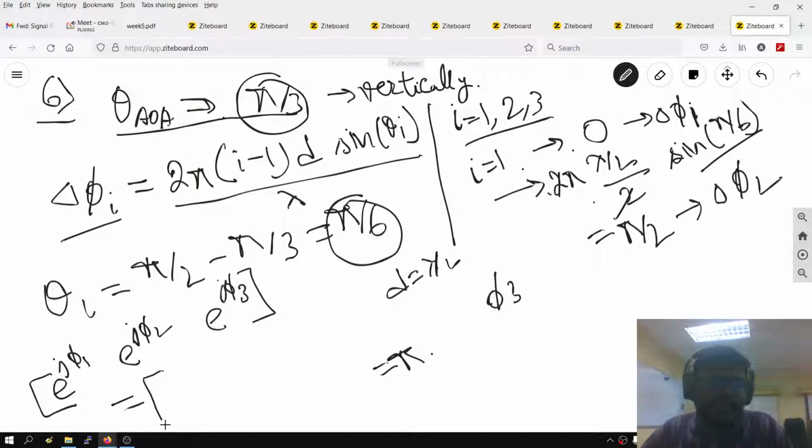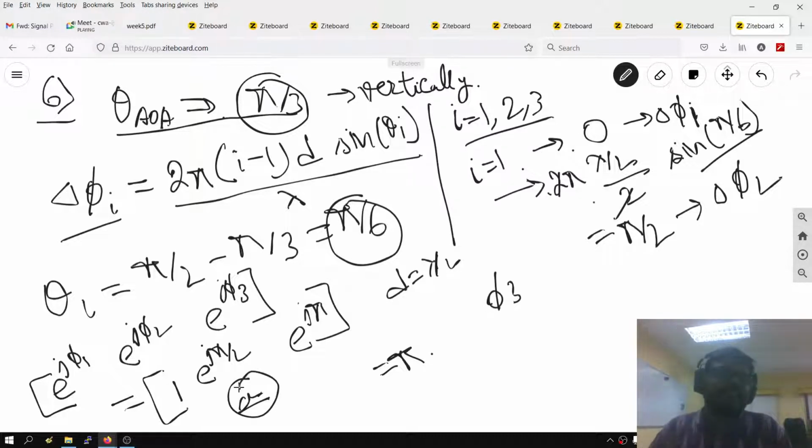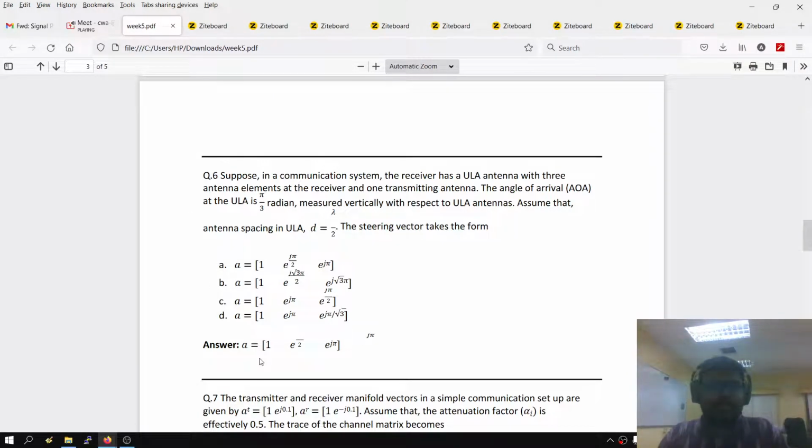If we substitute, phi 1 is 0, so it becomes 1, then e to the power j pi by 2, and e to the power j pi. So option A is the correct answer. The steering vector takes this form.